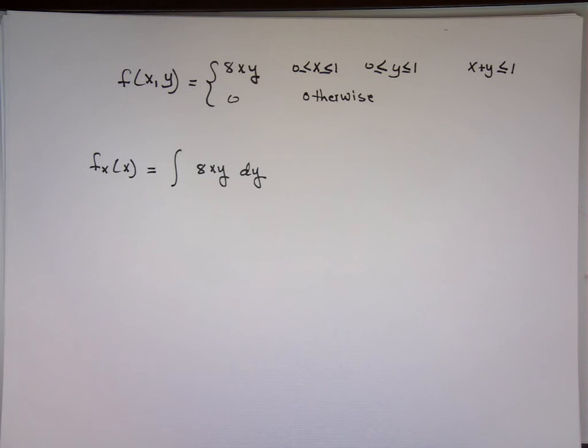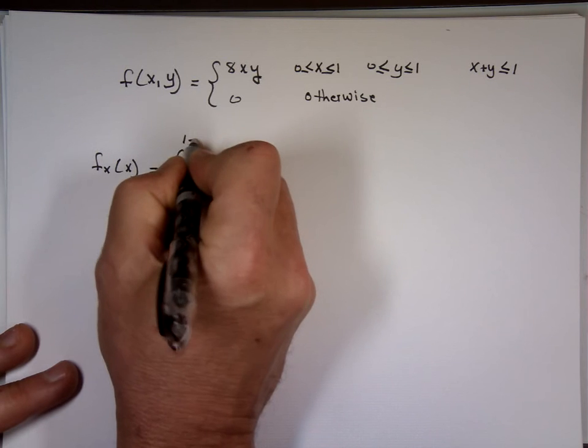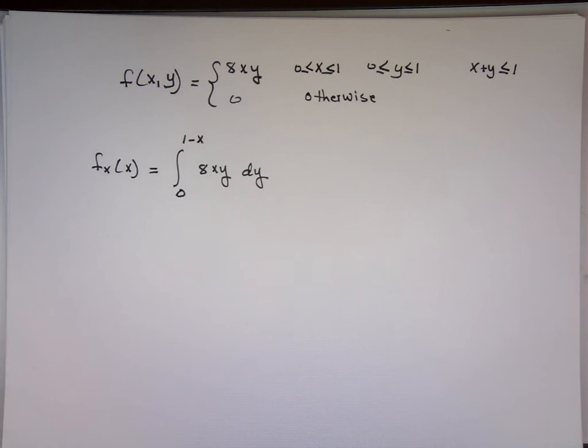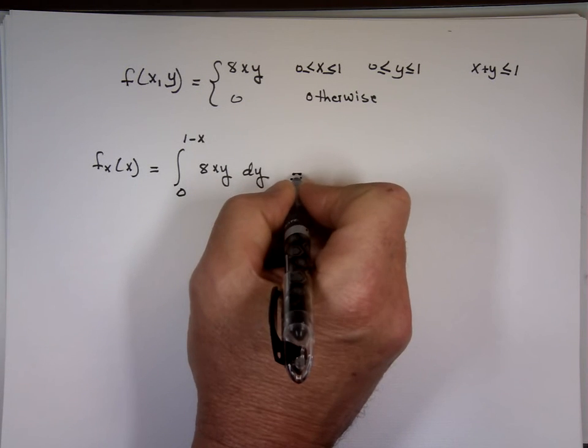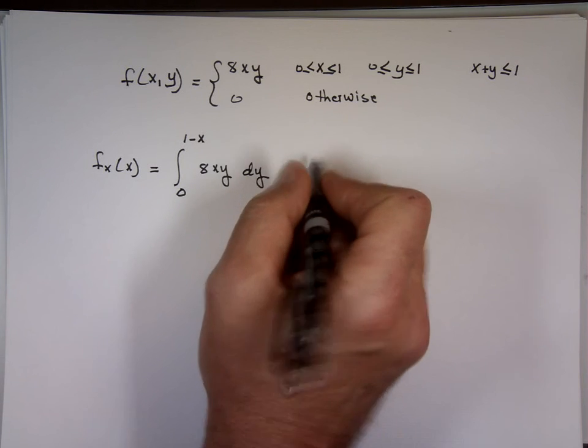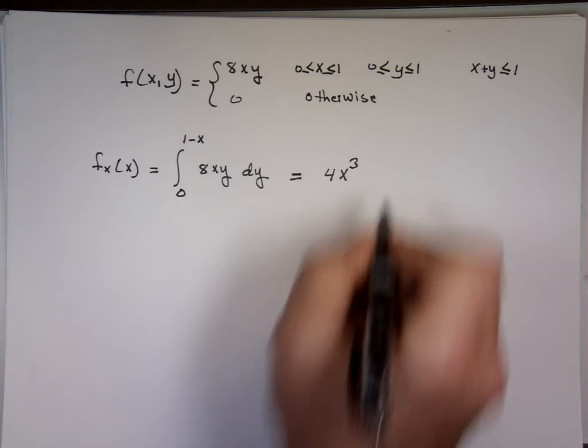And y is going from 0 to 1 minus x. If you go through it and integrate it, this happens to be, I'll just put the answer, 4x cubed. And x goes between 0 and 1.